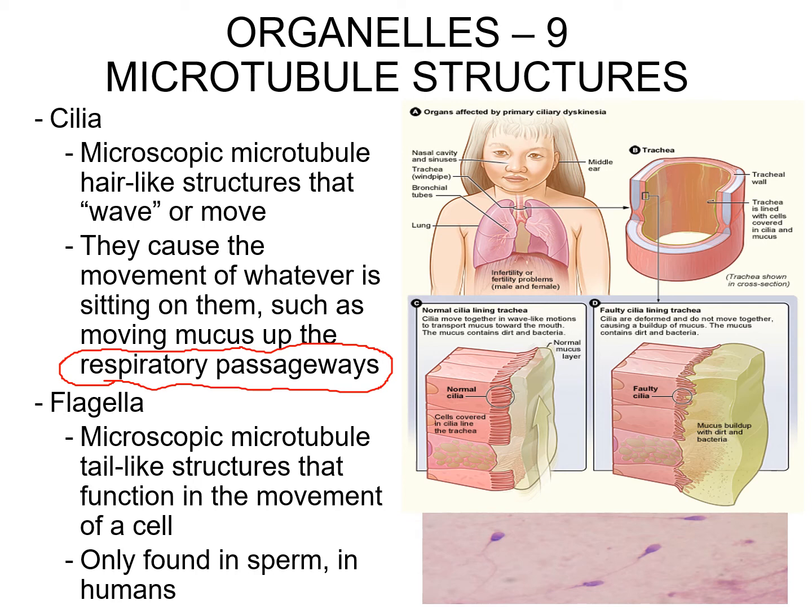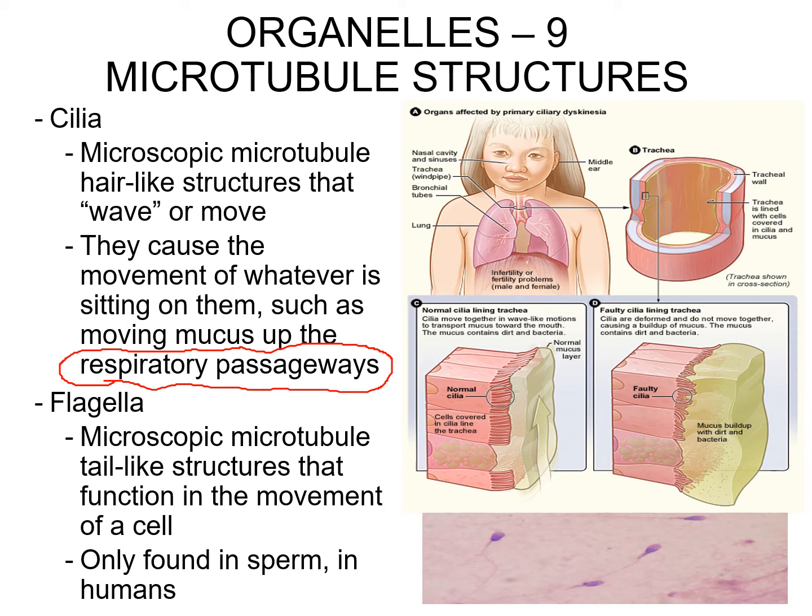You also have this in your brain and spinal cord area, where they move the fluid. All these hairs work together and move in one direction, and their whole purpose is to make sure that the fluid is not going the wrong way.